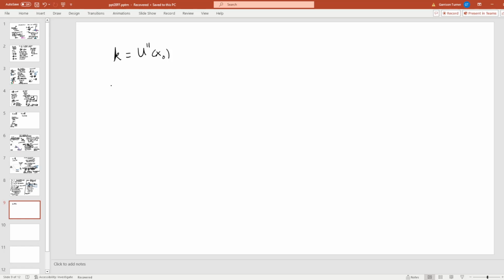So k is your second derivative evaluated at your equilibrium position. So if you know m, if you know your mass, then the frequency of oscillation is given by 1 over 2 pi square root k over m, or 1 over 2 pi square root second derivative of u evaluated at the equilibrium position over m.